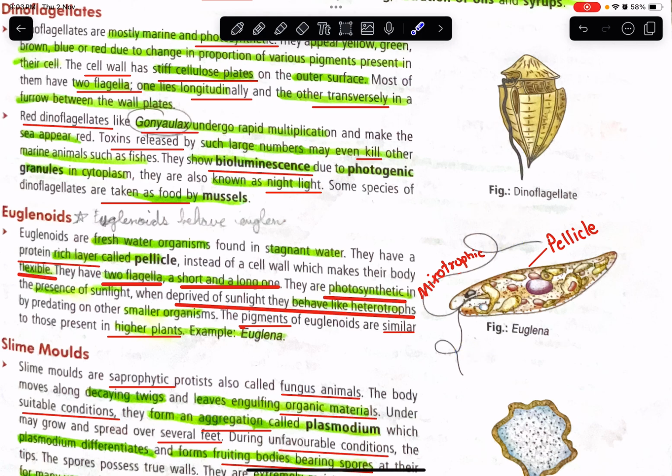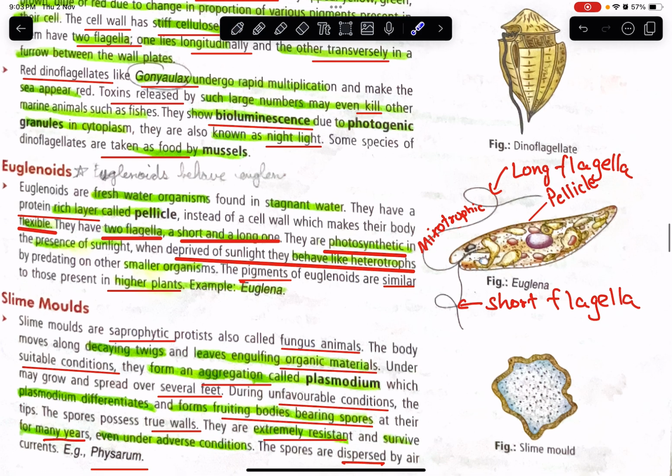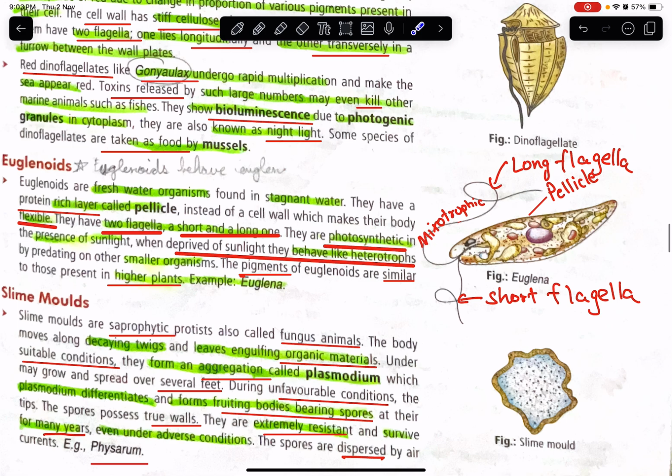You can mark here as it is important. This is long flagella, children. And here this is short flagella. If you have marked in the diagram itself, you will not forget the details.